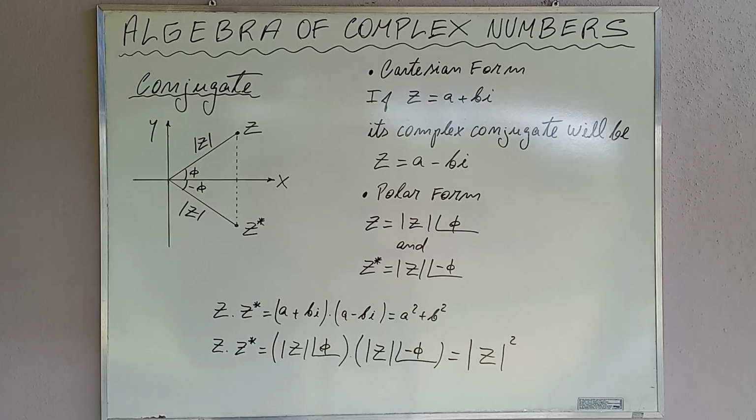In the polar form, z is equal to the magnitude of z at angle phi, and the complex conjugate of z is the magnitude of z at angle negative phi. The multiplication of a complex number with its complex conjugate in the Cartesian form, a plus bi times a minus bi, is equal to a squared plus b squared, and in the polar form, the magnitude of z at angle phi times the magnitude of z at angle negative phi is the magnitude of z squared.